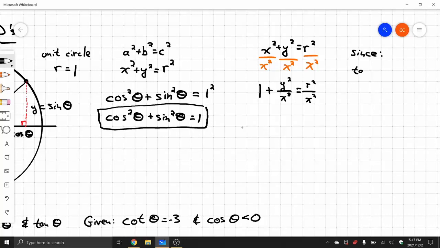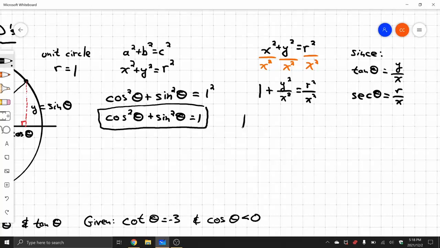And we know that tangent theta is equal to y over x, and secant theta is equal to r over x. I've got y over x times y over x here, and I've got r over x times r over x here.